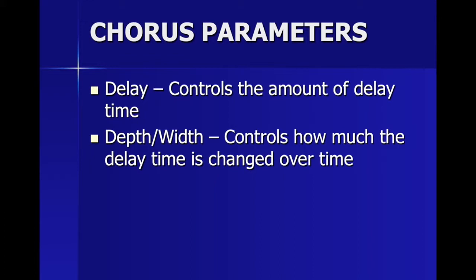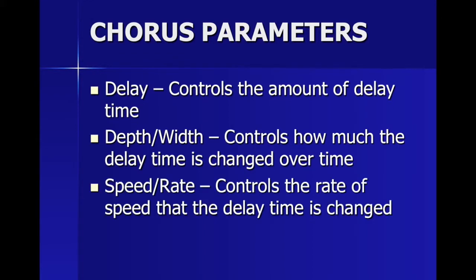Then you get a control for depth, or sometimes it's called width, and this will control how much that low-frequency oscillator, or LFO, is going to be changing the delay time as the sound passes through the effect.